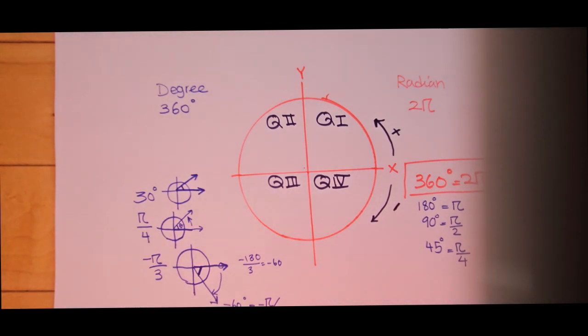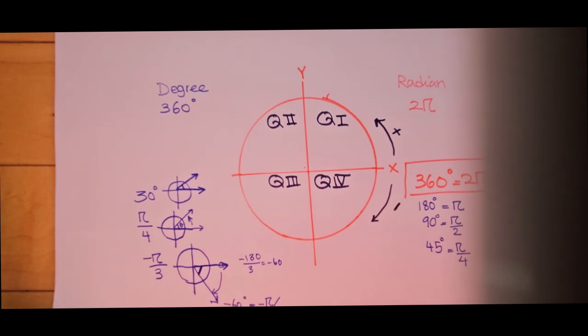But some people prefer to use another unit of measurement, and that is radian. The same distance in radian would be 2 pi. So in other words, 360 is equal to 2 pi.